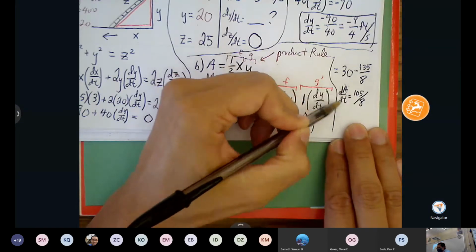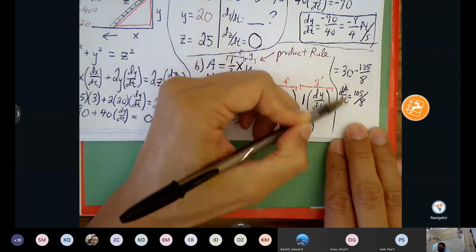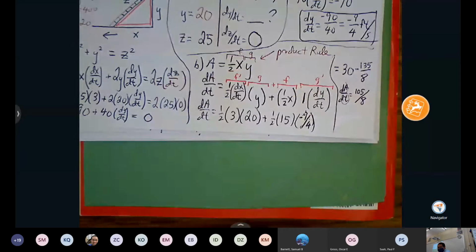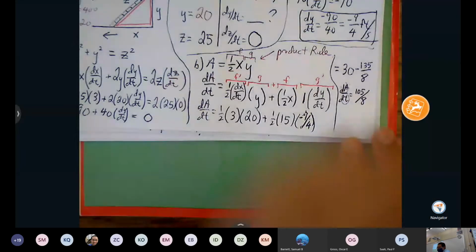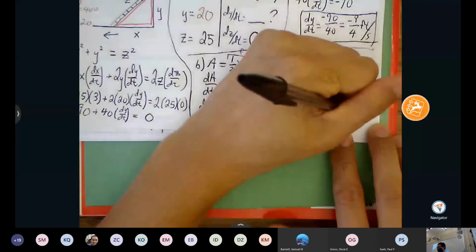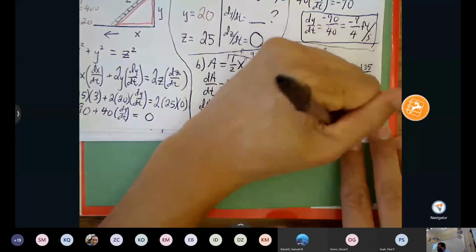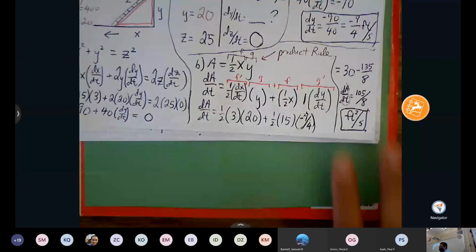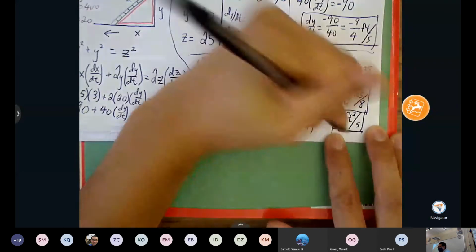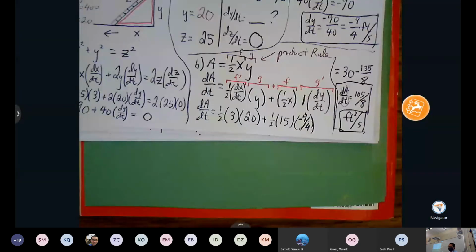Let's think time. And we just put them over each other. So what's the area unit? Feet squared per second. Okay, so area is a two-dimensional unit, so square feet. Time is seconds, so square feet per second.